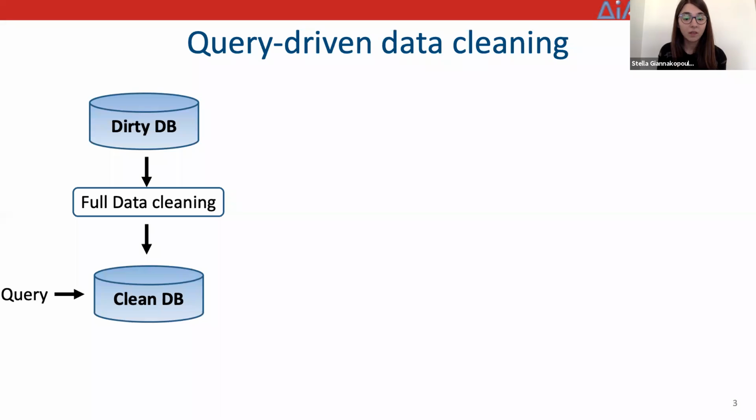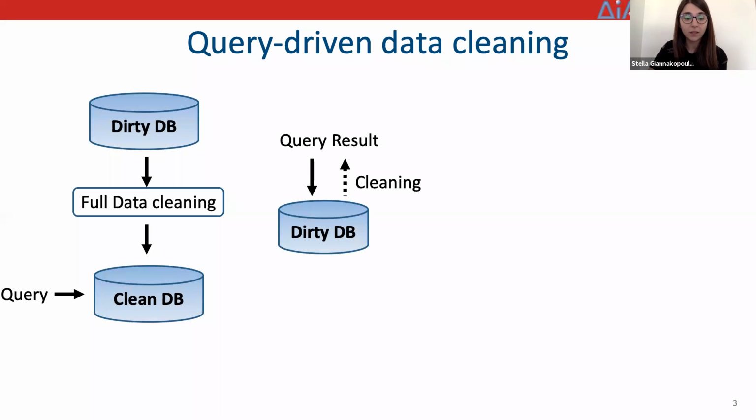However, to address the aforementioned issues of offline cleaning, our aim is to allow queries directly over the dirty database in a way that the query results that we get are equivalent to the ones that we would get if we create directly the clean database. The main benefit of this is that we can clean only the part of the dataset that is interesting for the user.